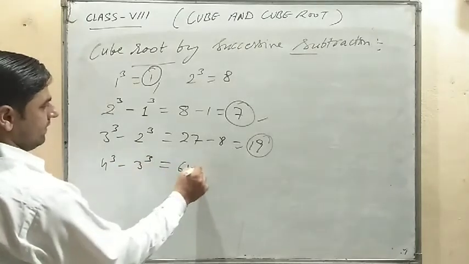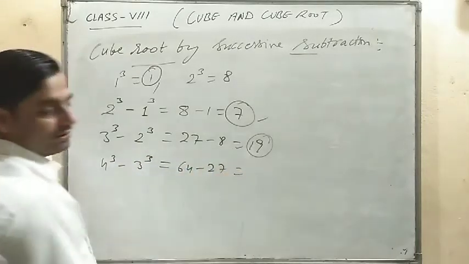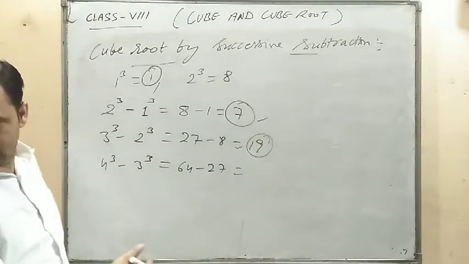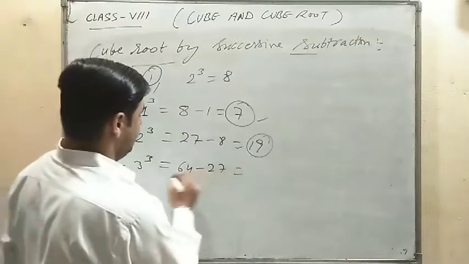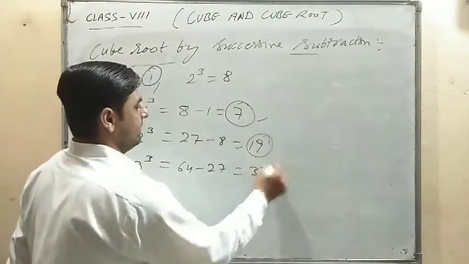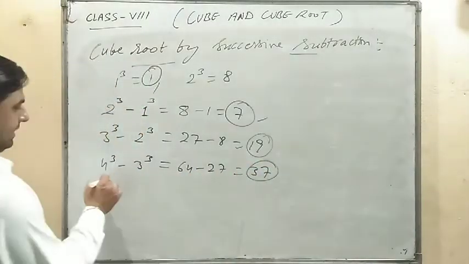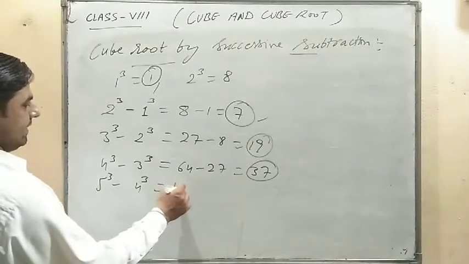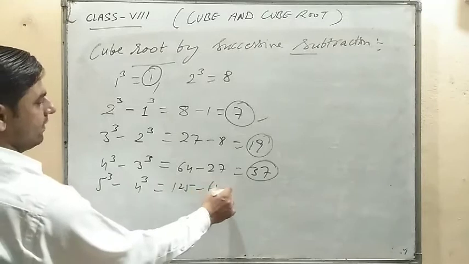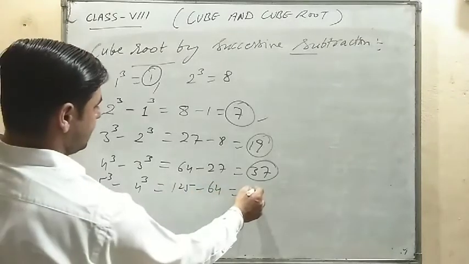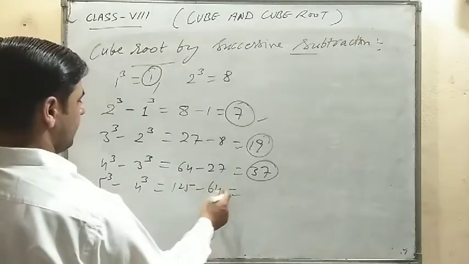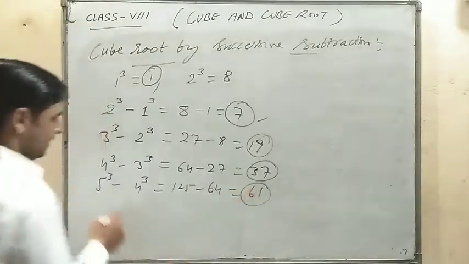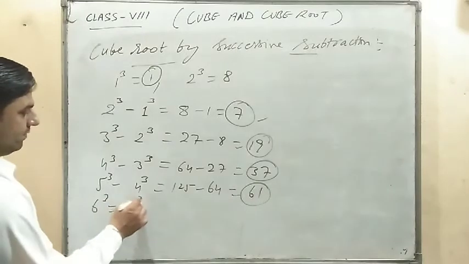64 minus 27, so the result is 37. Next is 5 cube minus 4 cube. Its meaning is 125 minus 64, so the result is 61. Then 6 cube minus 5 cube.